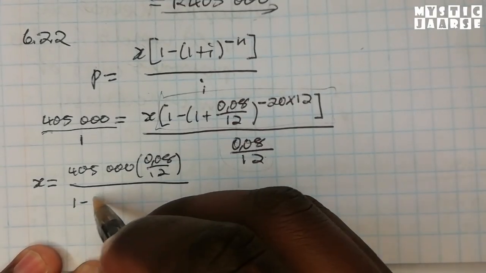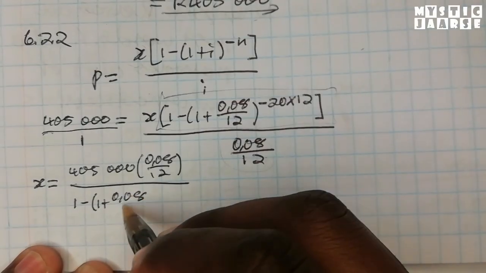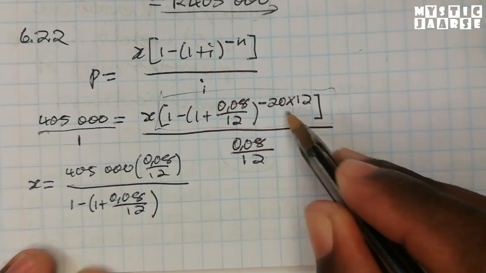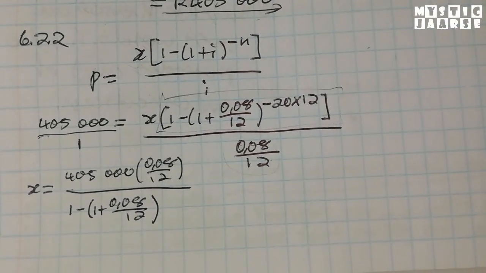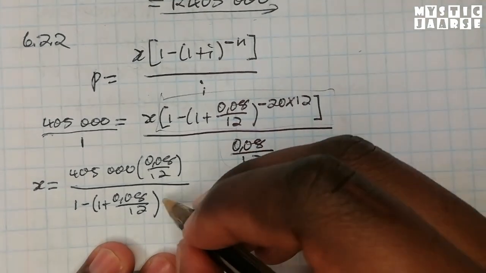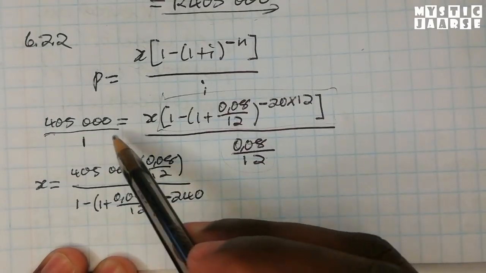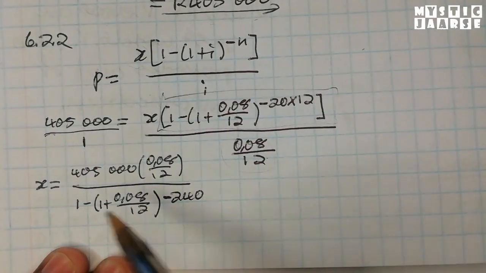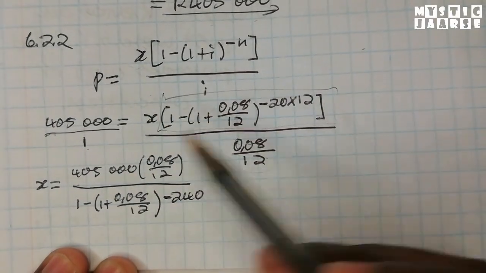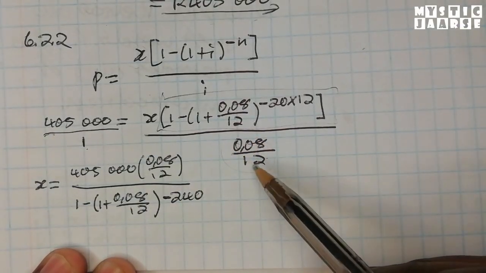So we say 1 minus 1 plus 0.08 divided by 12 to the power of, you need to plug this into your calculator to see how many payments it would be, to the power of negative 240. 405,000 rands is divided by 1. We cross multiply. 1 multiplies this whole thing. 405,000 rands multiplies with the denominator.